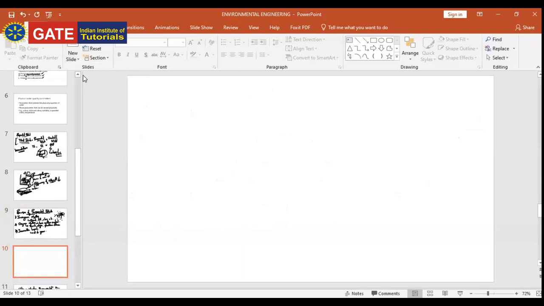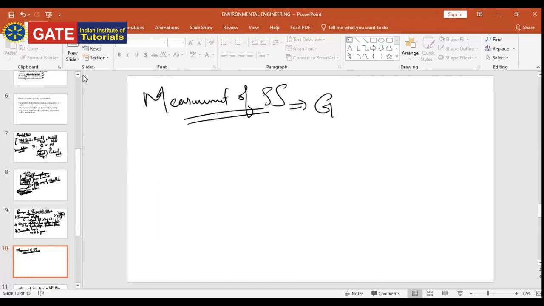Now, how are suspended solids measured? Measurement of suspended solids. I'll be explaining the process in detail later. Now you just have to note down the name of the process, that is gravimetric technique. The name itself suggests that it is based upon gravity only.